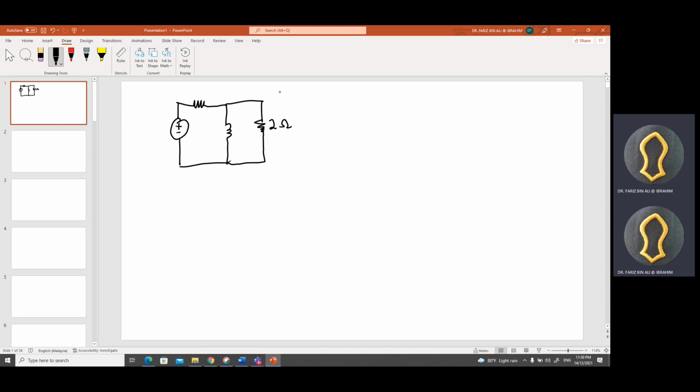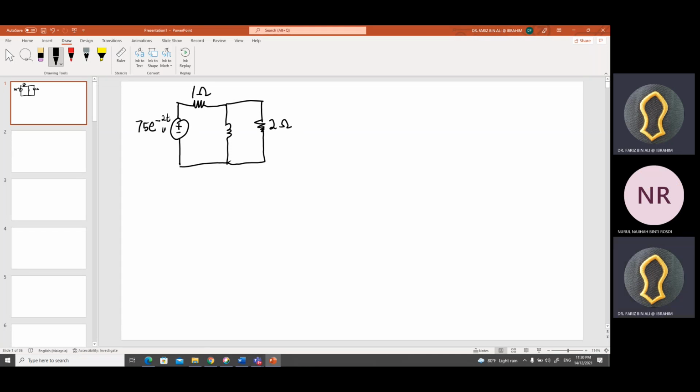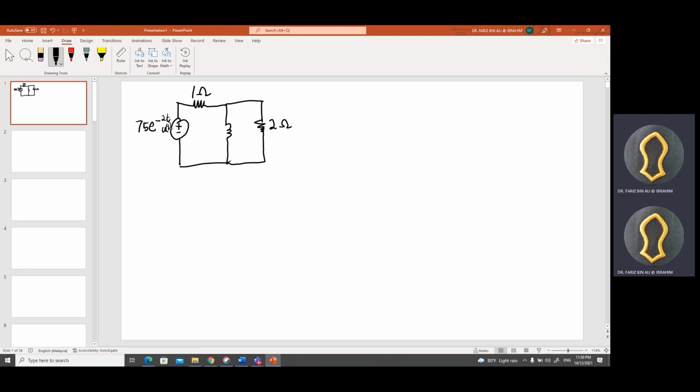So 2 ohm is still 2 ohm in S domain, and 1 ohm resistor is still 1 ohm in S domain. Initially, you have 75 exponential minus 2t u(t). If you convert this to S domain, you are going to have 75 over S plus 2.